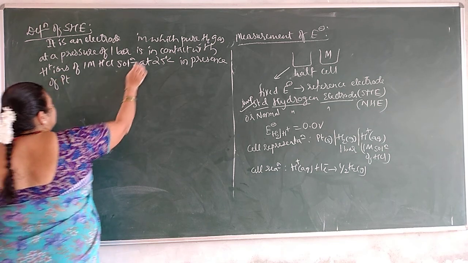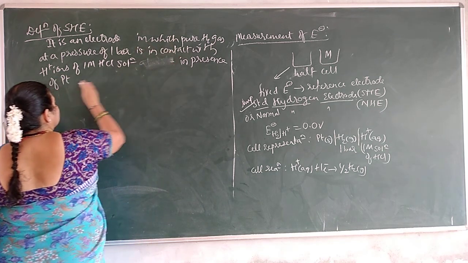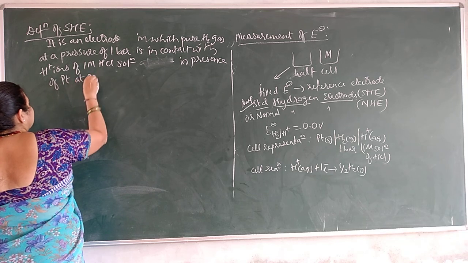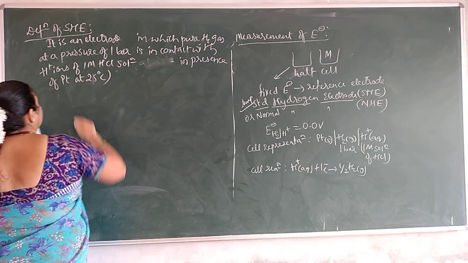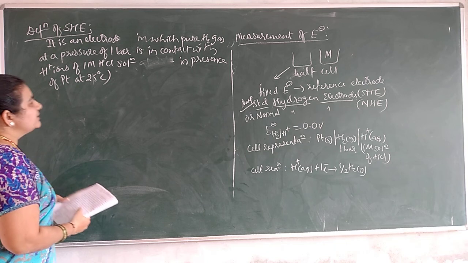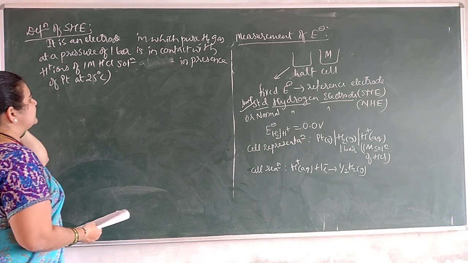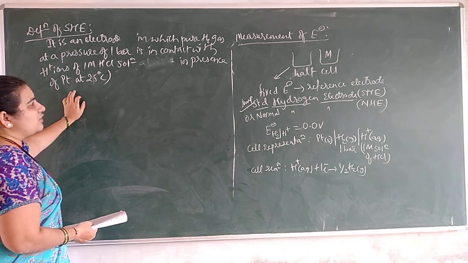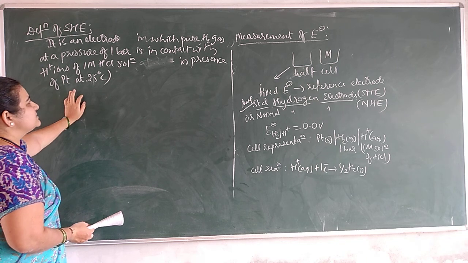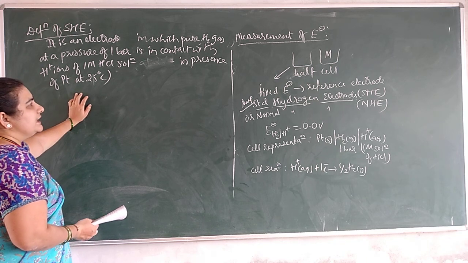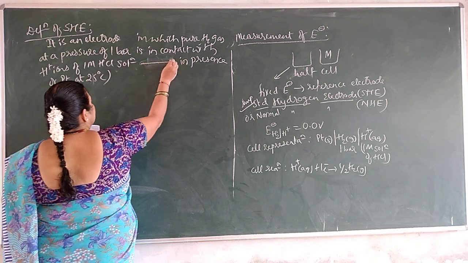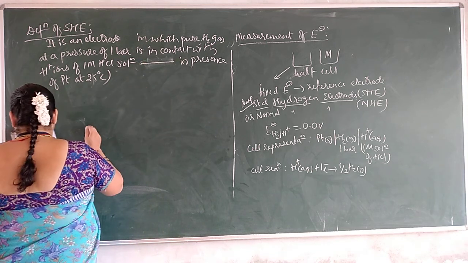So it is an electrode in which pure hydrogen gas at a pressure of 1 bar is in contact with H plus ions of 1 M HCl solution in the presence of platinum at 25 degrees.